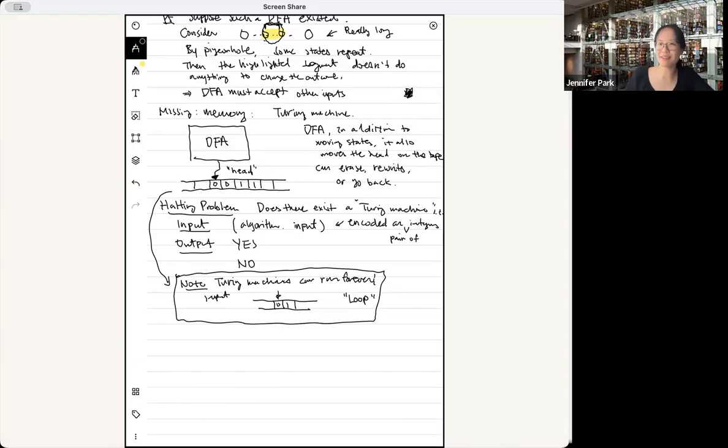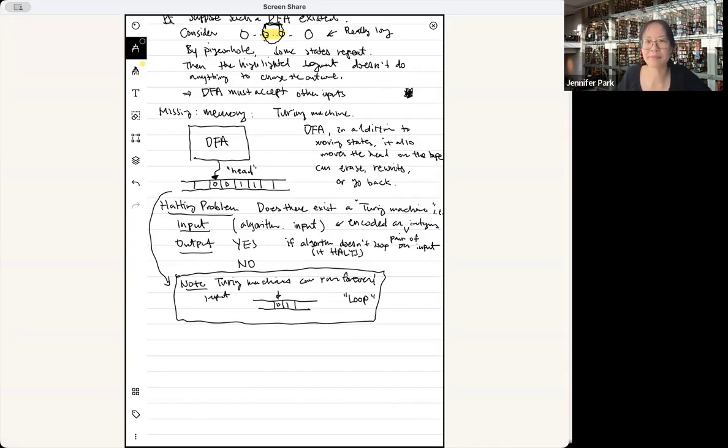This is why the halting problem is important. So does there exist a machine that's going to decide, if I give you an algorithm and an input, whether it's just looping or is actually going to finish at some point and I just have to wait? The output is going to be yes if the algorithm doesn't loop on the input. That means that it halts.